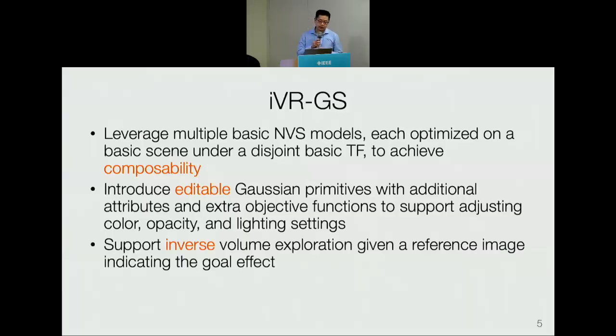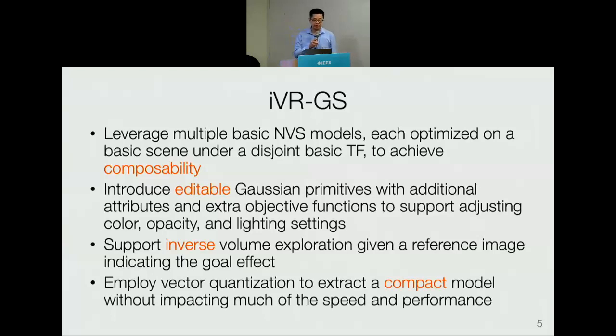It can also do inverse volume exploration: given a target rendering, we don't know the transfer function, and the model can learn to generate a similar visual effect. We also use vector quantization to compress the model without losing much quality, say by 7 times or 10 times, which reduces the footprint.